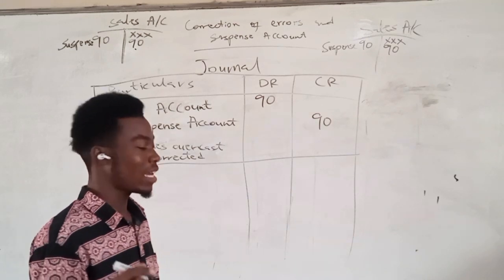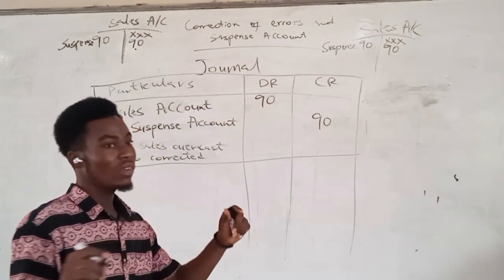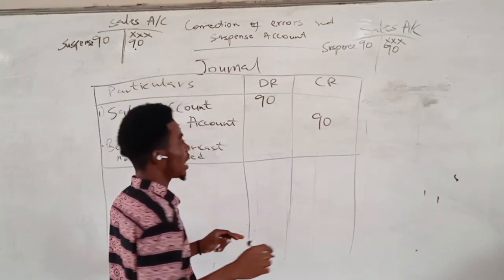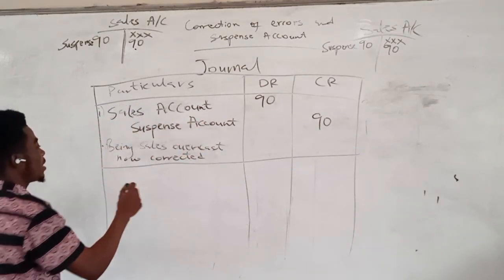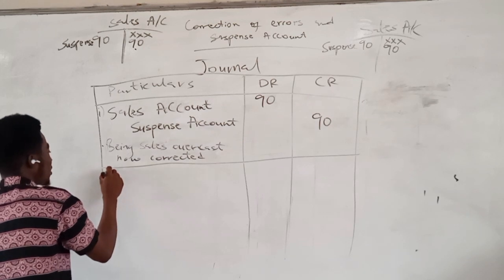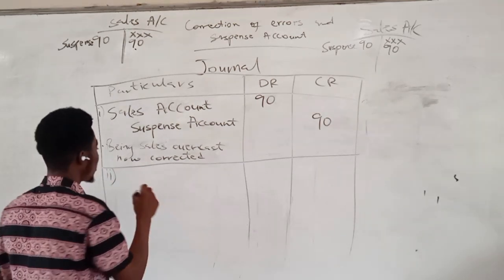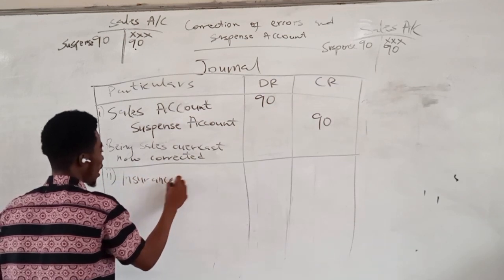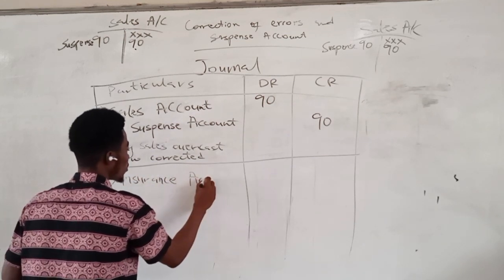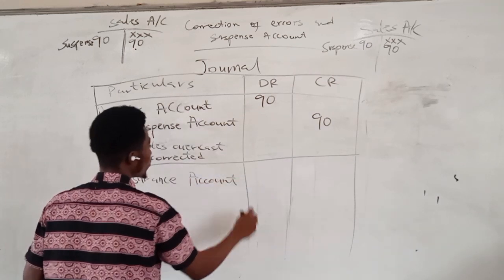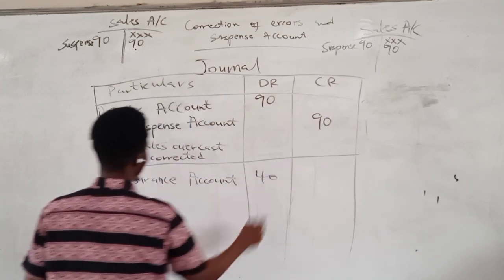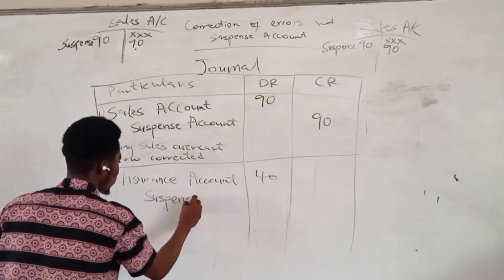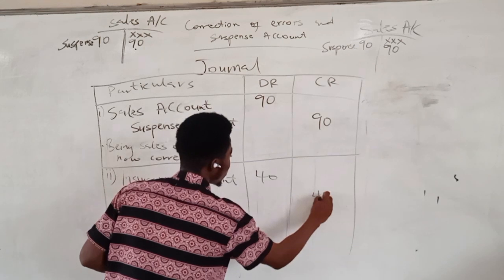That second error, it says insurance was undercast. So as I said, insurance is on the debit side. So you write insurance first. So insurance account, that's 40. And then suspense 40.